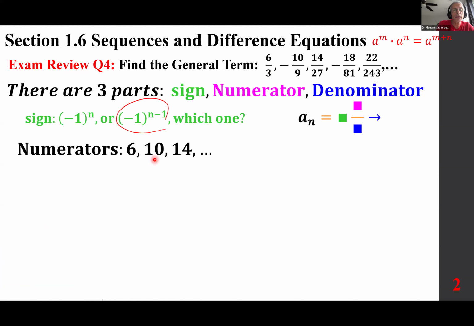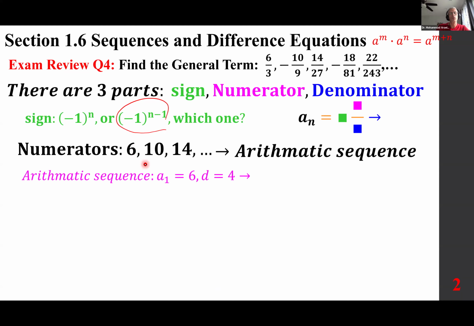Let's write the numerators. We are adding a constant 4. That's an arithmetic sequence. The first term, a sub 1, is 6, and the difference is fixed at 4, which means we can use the general term a sub n equals a sub 1 plus n minus 1 times d.